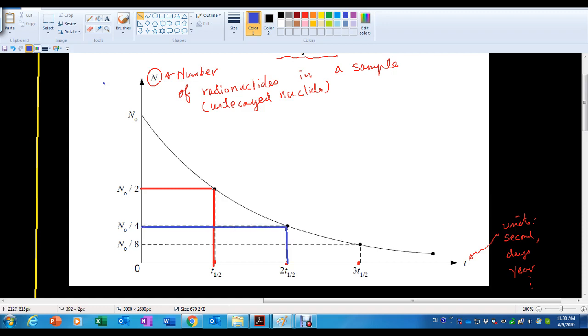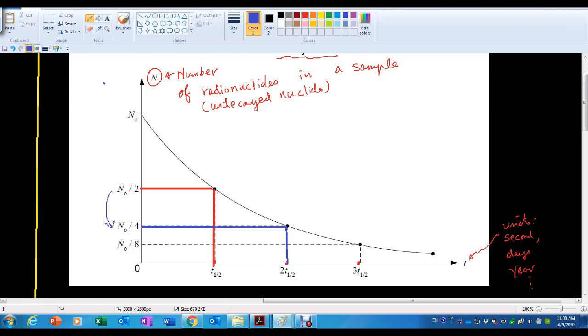It's another half, but that is not half of the original amount, otherwise it would become 0. The original amount is N naught, and after one half-life, what remains is N naught divided by 2.